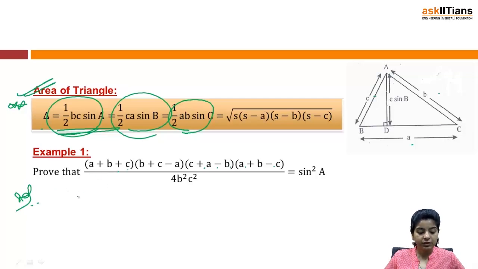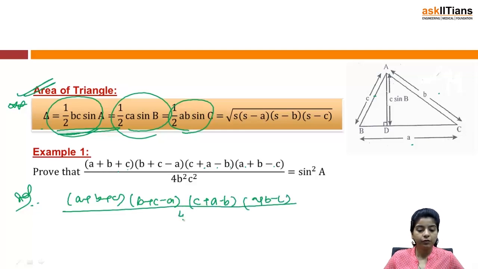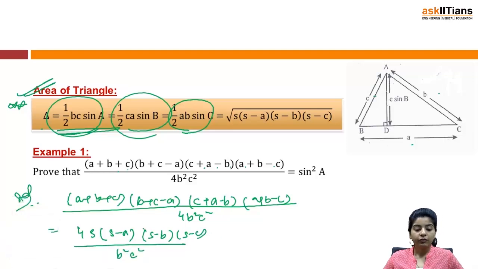Now see, (a+b+c)(b+c−a)(c+a−b)(a+b−c) divided by 4b²c² can be written as 4s(s−a)(s−b)(s−c), and the denominator remains as it is. So we have 4s(s−a)(s−b)(s−c)/(b²c²). So this is equal to 4Δ²/(b²c²).